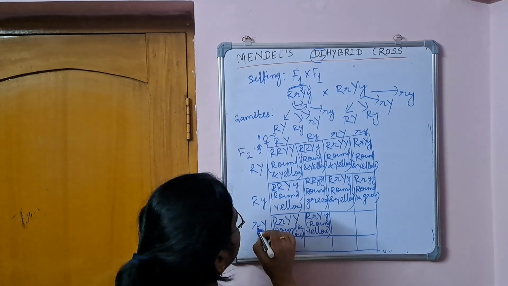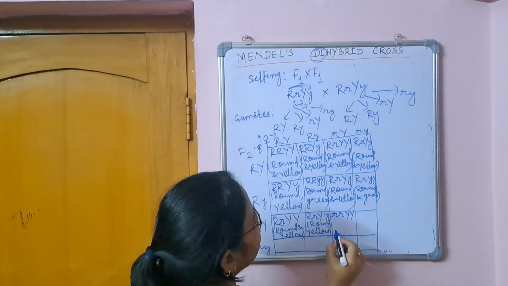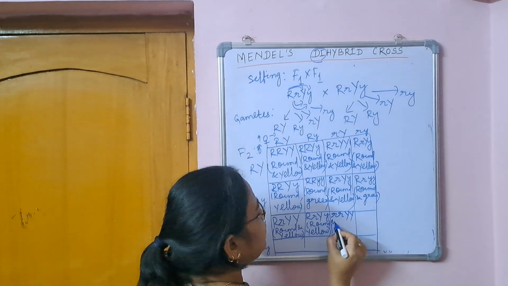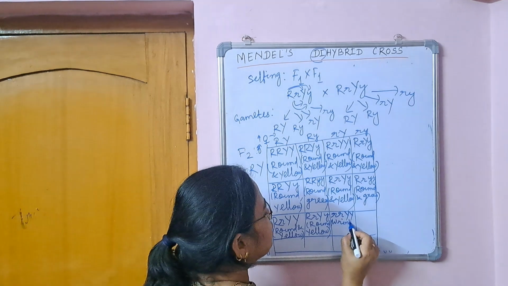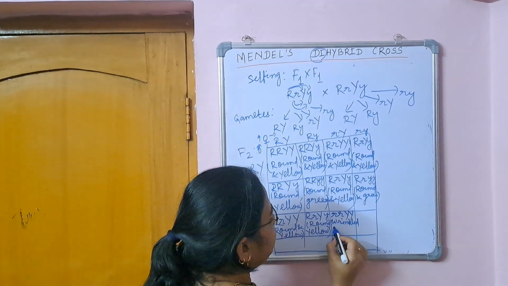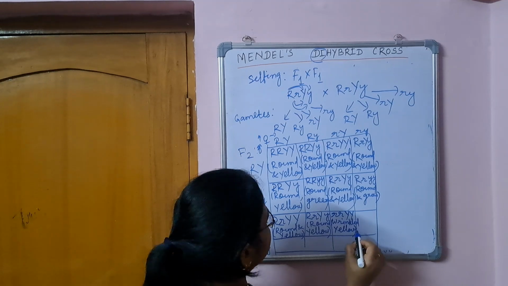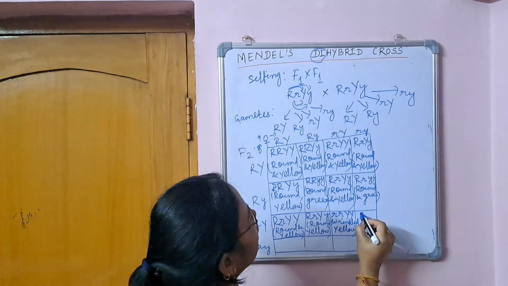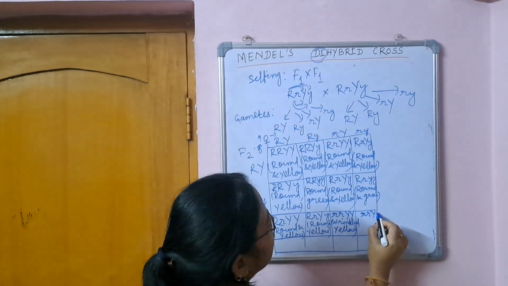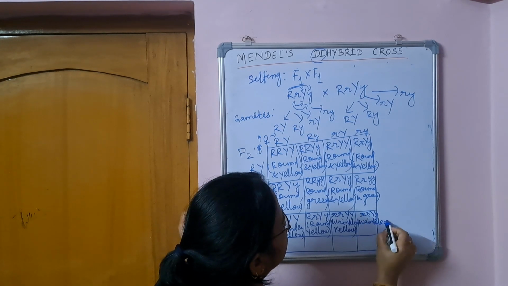Now come to the third one, small r, small r, capital Y. Now the small r, small r, it will be wrinkled, homozygous recessive, and this capital Y will be yellow. Now come to the next one, small r, capital Y, small y. Again this will be wrinkled and yellow.